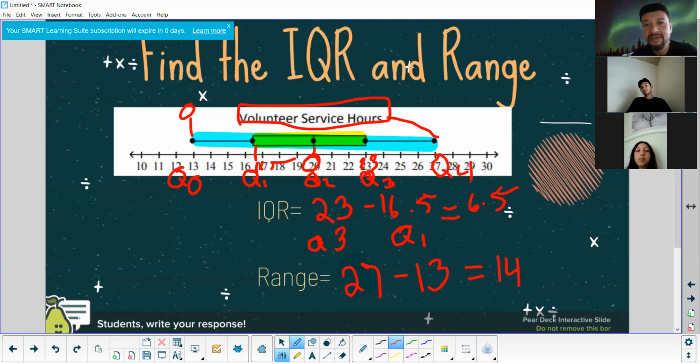And this is how they come up with the number. But they don't call this Q2 because it's best known as the median. That's the best name they came up with to make sense with the graph. All right, good question.